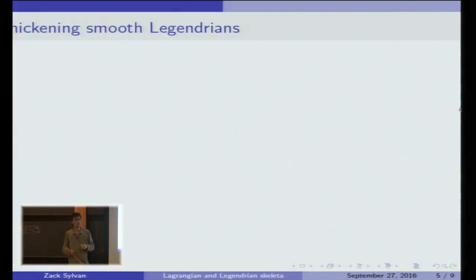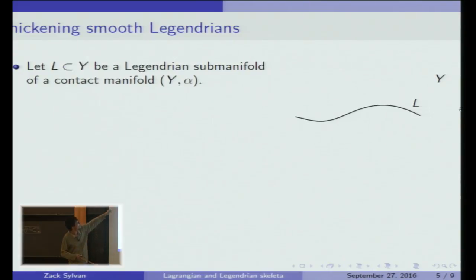Okay, so what I'm going to want to do is take some Legendrian, in this case a smooth Legendrian, and I want to thicken it in the contact directions, where the contact directions is the kernel of our contact one form alpha. So the setting: we have a contact manifold (Y, alpha), and we have a Legendrian submanifold in there.